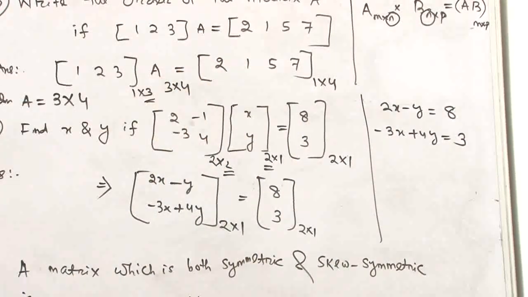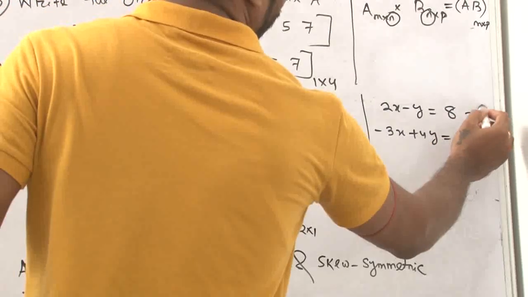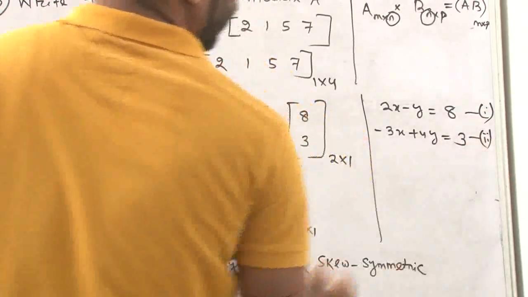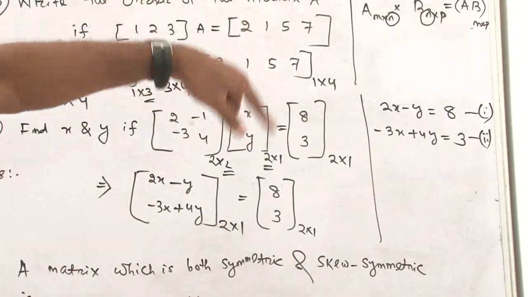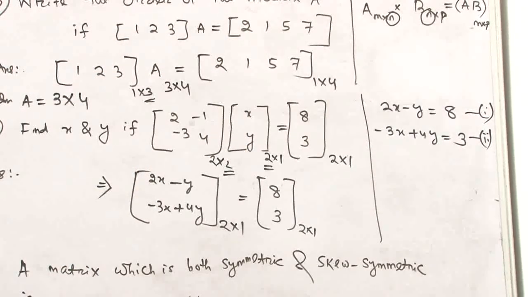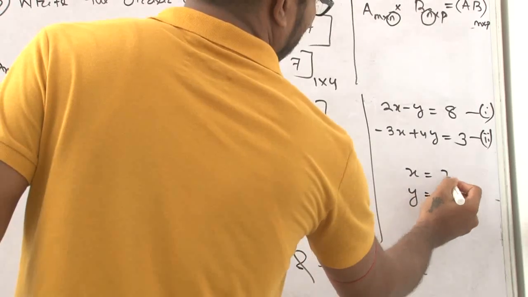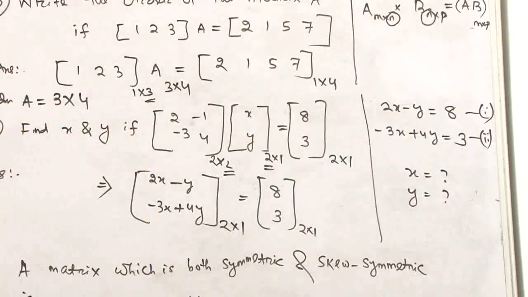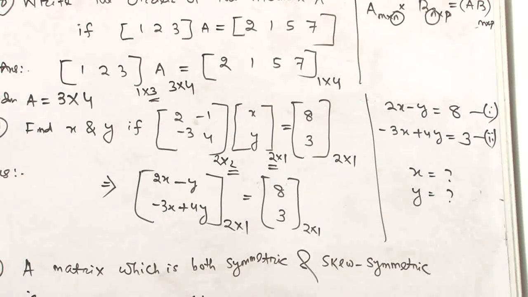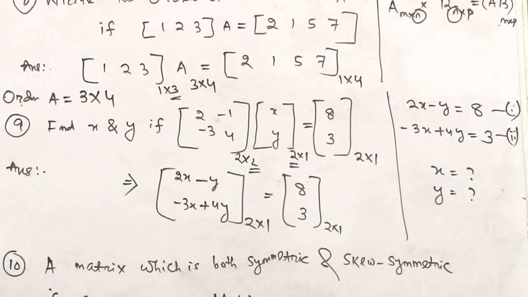If you solve these two equations, the first equation and the second equation, we get the result x and y. And this is your task, to find x and y.